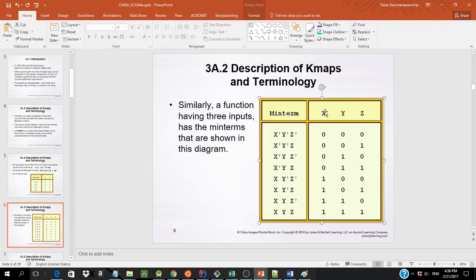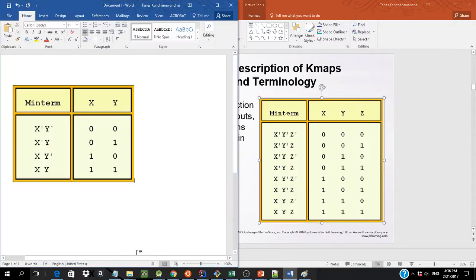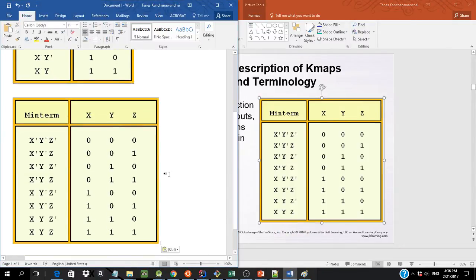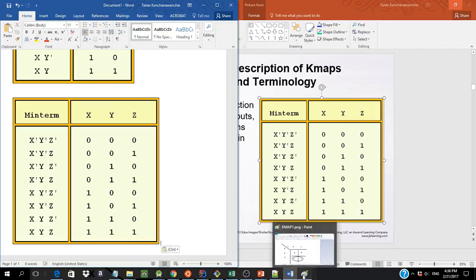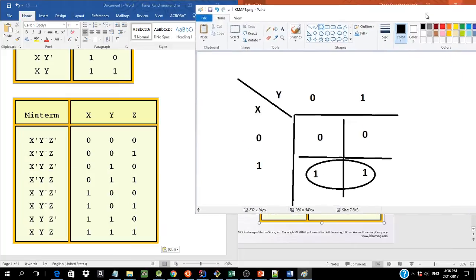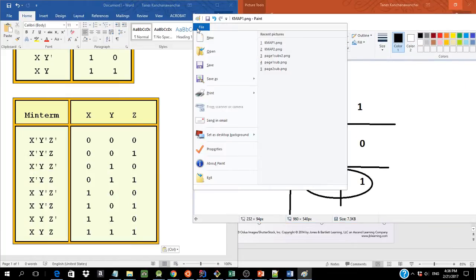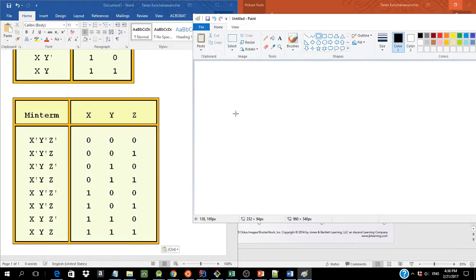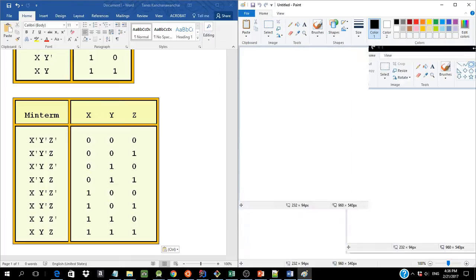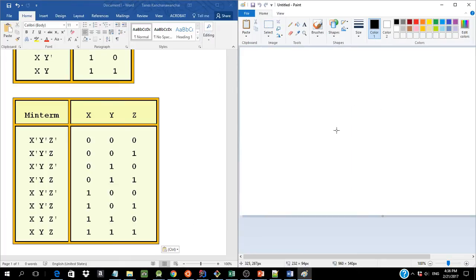All right, so let's construct kmap together. So that's the minterm with 2 inputs. Now there's the minterm with 3 inputs, right? So let's look at kmap now. So this is for 2 inputs. So for 3 inputs, there's no restriction on the order of x, y, and z.